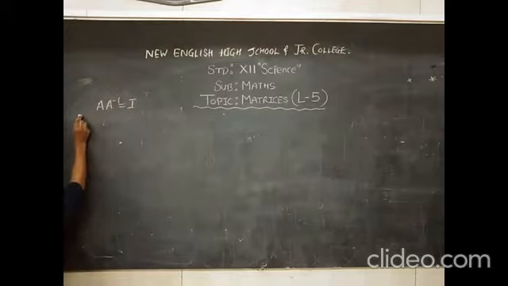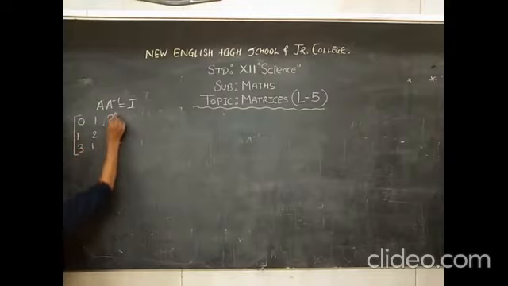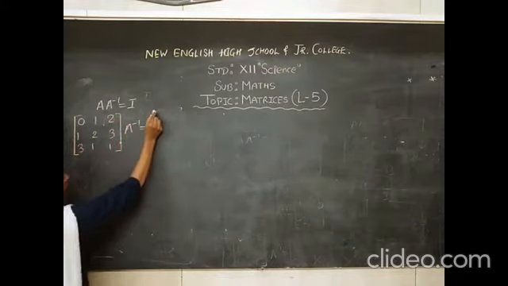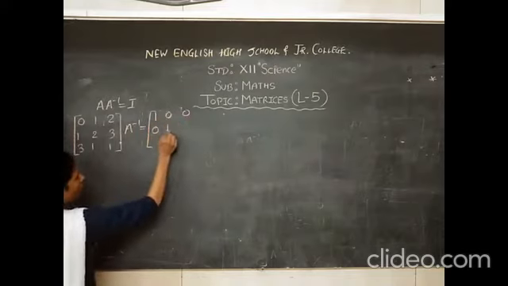Now, what is our matrix A? 0, 1, 2. This one. This was our matrix A. Into A inverse equals to matrix I. Identity 1, 0, 0, 0, 1, 0, 0, 0, 1.